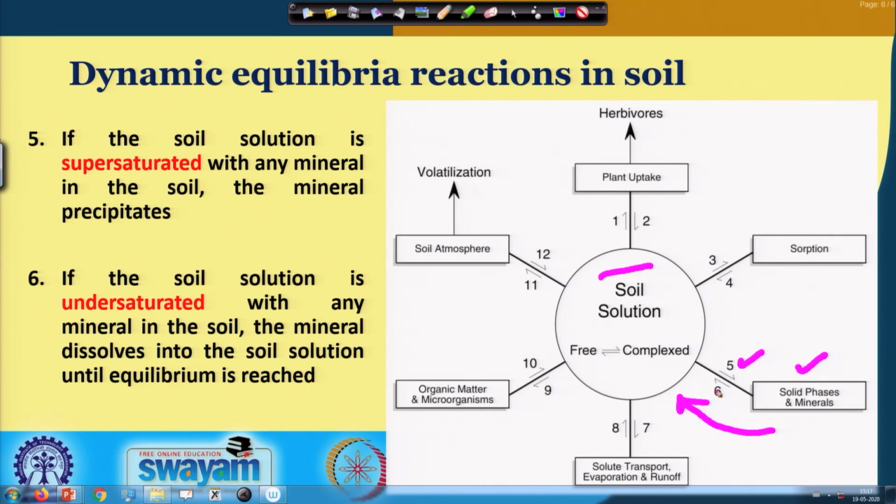You can see this is how these ions move to the solid precipitates and further dissolve to go to the soil solution.